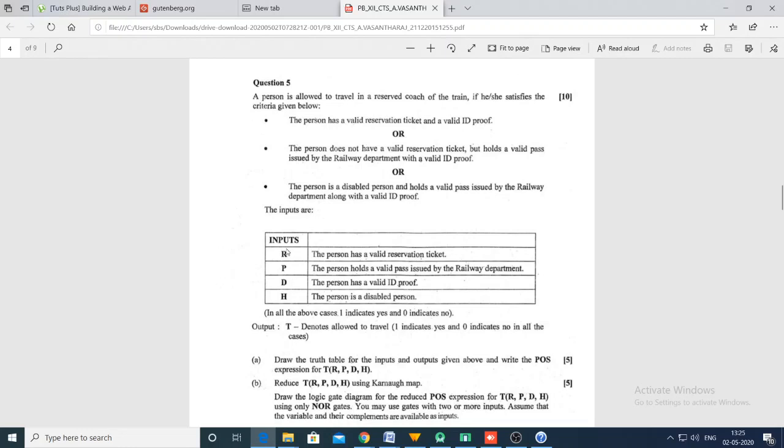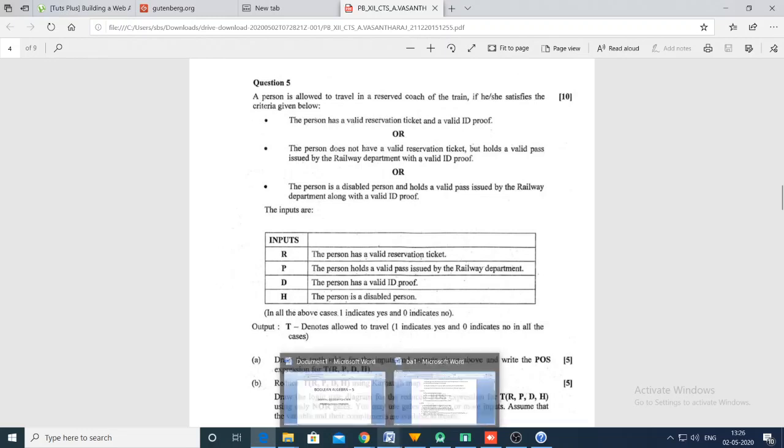So in every logical problem, first we must look into the inputs as well as the output. We have to derive output T based on the input variables R, P, D, H.